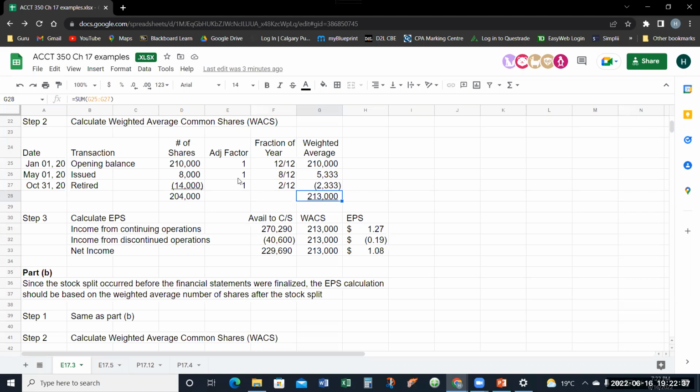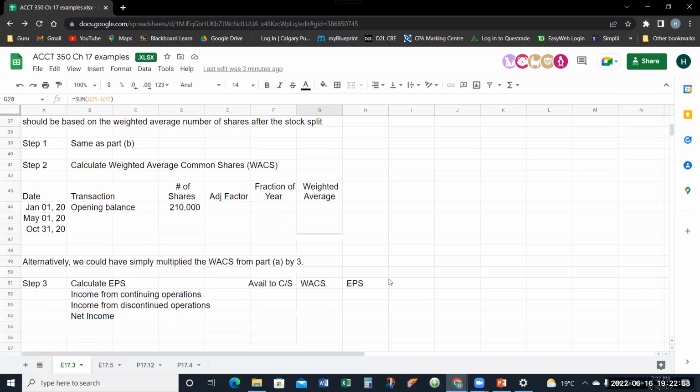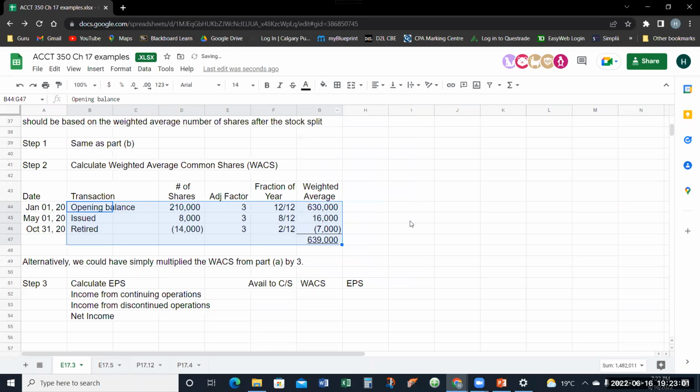So the stock split has basically tripled the number of common shares outstanding. So adjustment factor will be 3. For every 1 share that I had before, the stock split results in 3 shares. So the math that we had done, it'll be the same math, except now the adjustment factor is 3. And why am I using 3 for all of them?